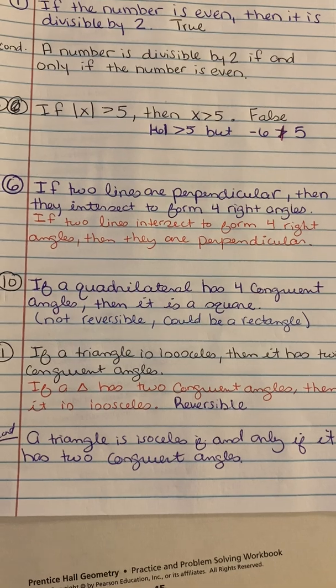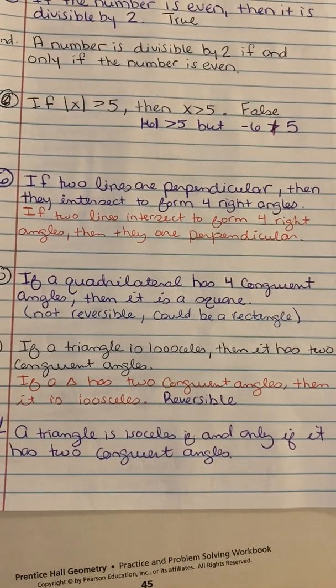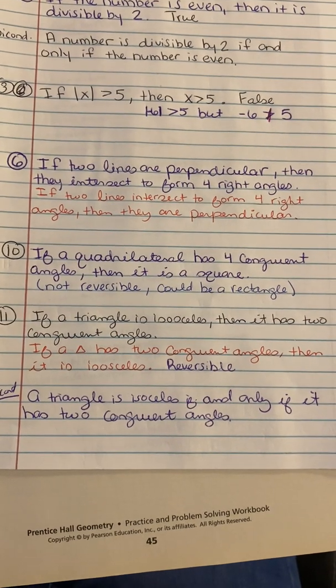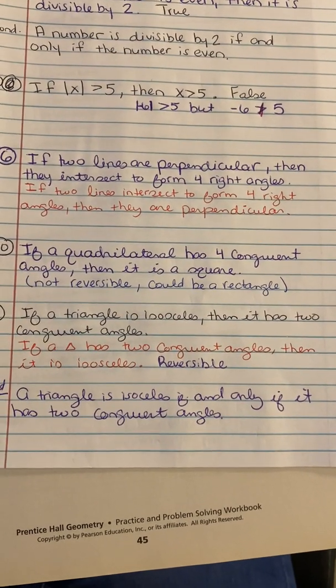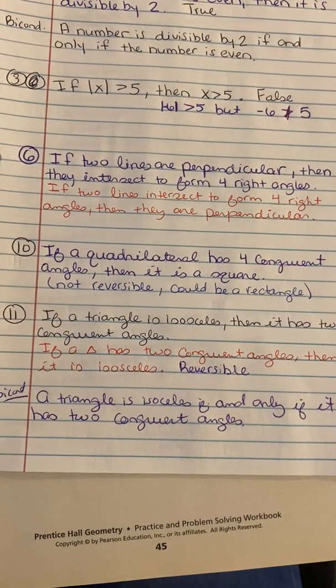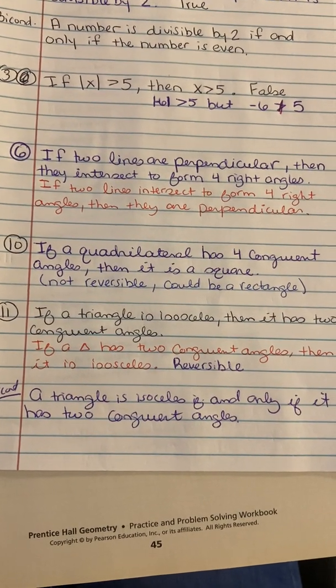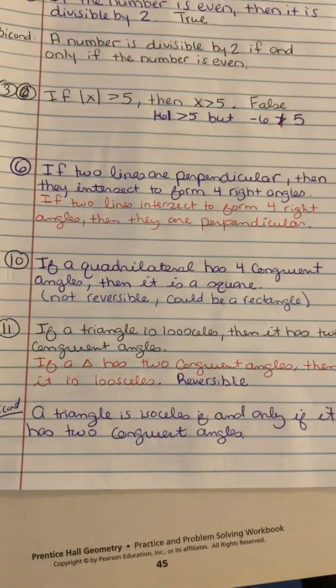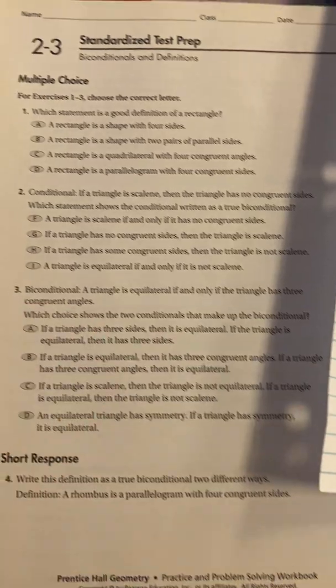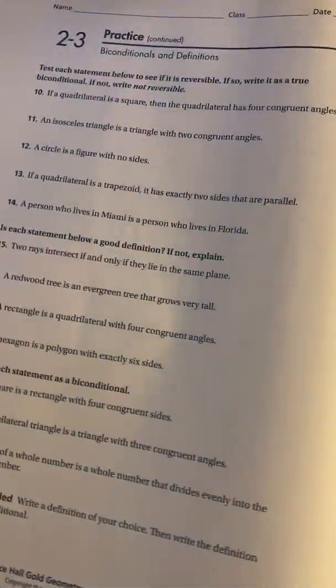If a triangle has 2 congruent angles, then it is isosceles. So the biconditional would be: a triangle is isosceles if and only if it has 2 congruent angles. Or, because remember the sides are also congruent in an isosceles triangle, but it's because they're across from the angles. And then the other answers for the rest of them will be posted on your page.